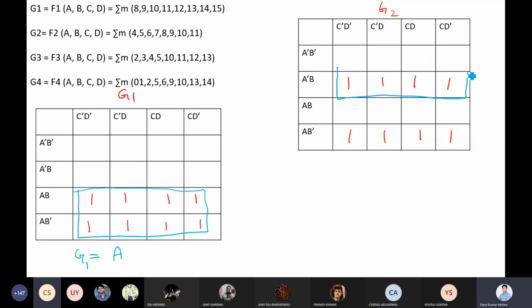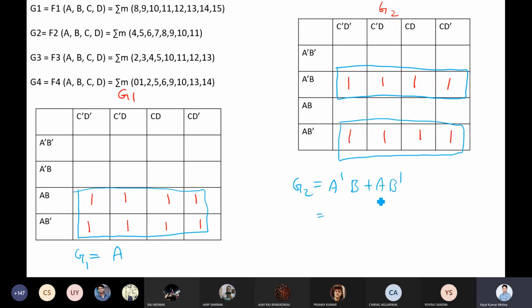So you have A dash B plus AB dash. So G2 will be A dash B plus AB dash. Is this a special code? Exactly. So you can say A XOR B. Right. So you got G2 as A XOR B.